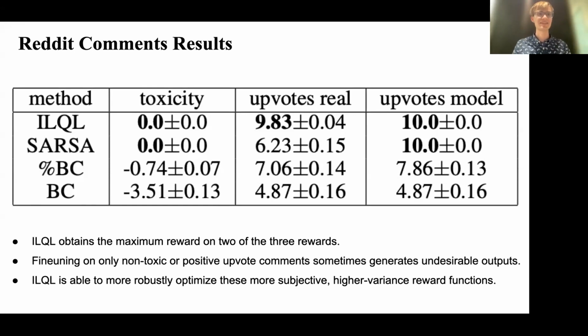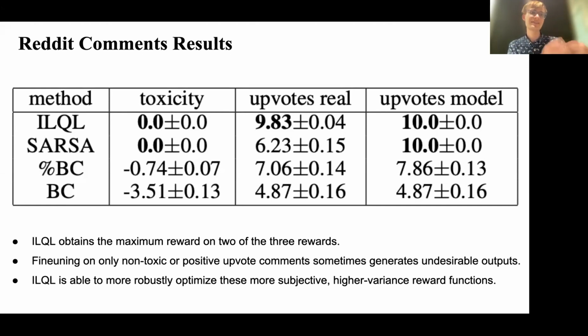You can think of it like this: suppose in the data set there are some comments that have a 50% chance of getting labeled as toxic or non-toxic. The filtered fine tuning is going to accidentally copy these comments that managed to get labeled as non-toxic, even though they had a 50% chance of getting labeled as toxic.